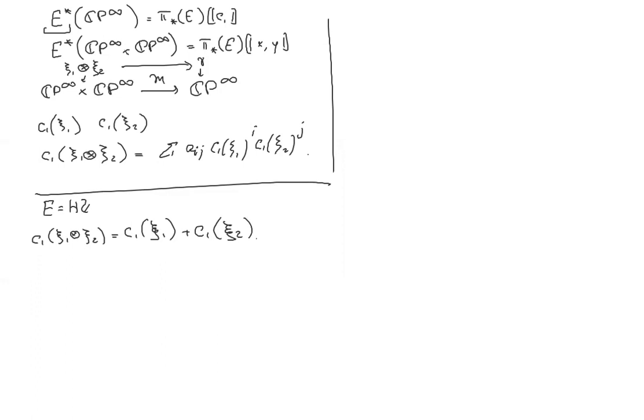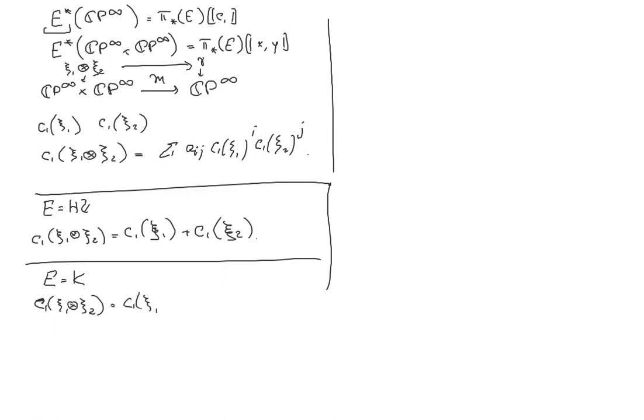And maybe let me present the answer for K-theory. Then the first Chern class of psi1 tensor psi2 should be something like C1 of psi1 plus C1 of psi2 plus C1 of psi1 times C1 of psi2 times beta inverse.